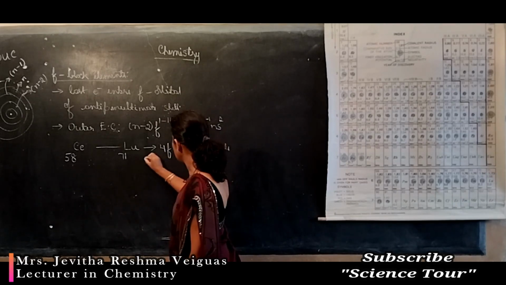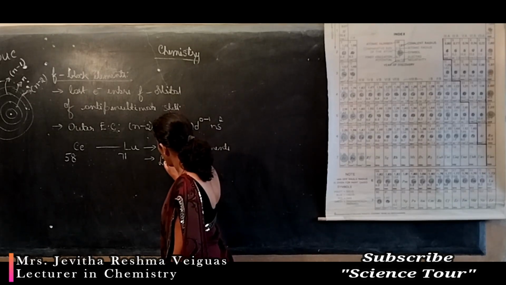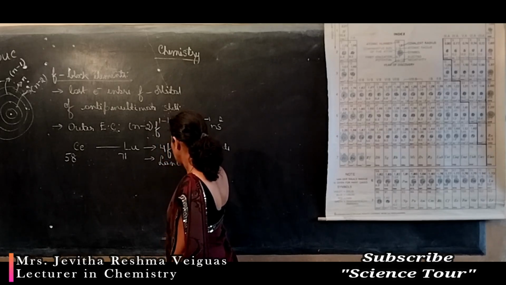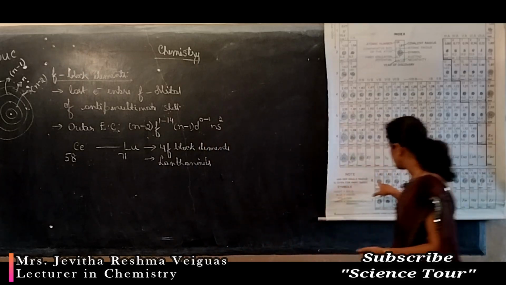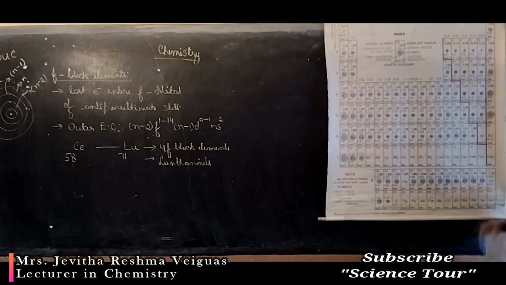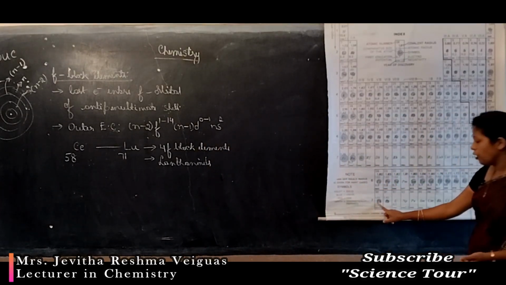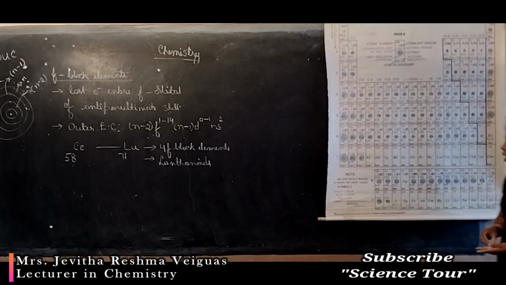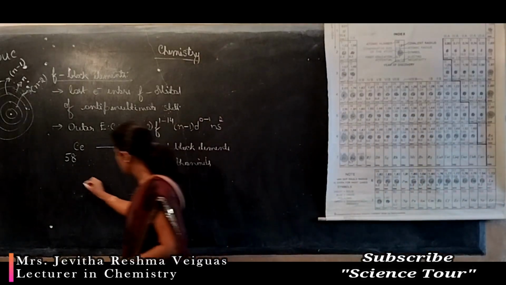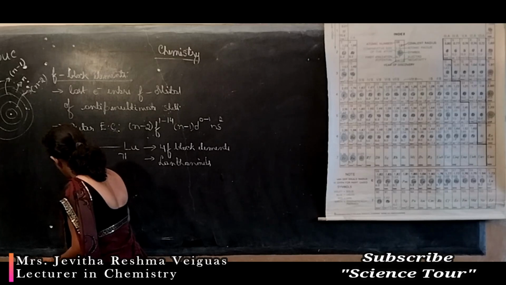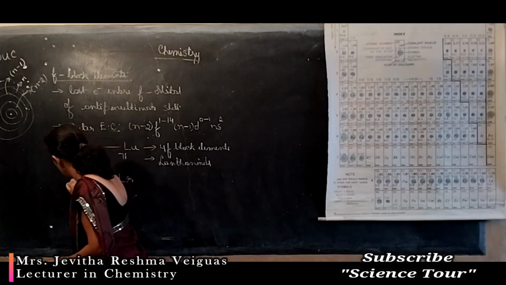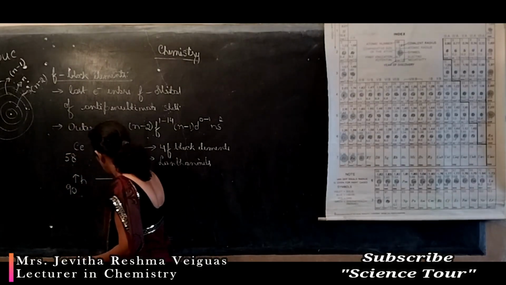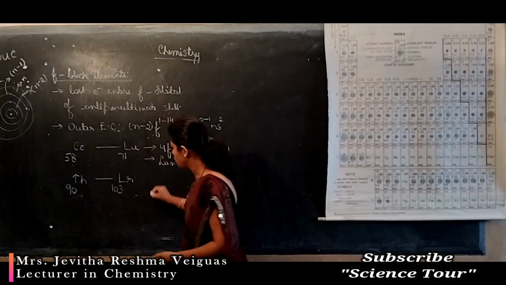These are also called lanthanoids. This is one series with atomic number 58 to 71. Another series has atomic number 90 up to 103, that is thorium, Th, up to lawrencium, Lr. Thorium has atomic number 90, lawrencium has atomic number 103.